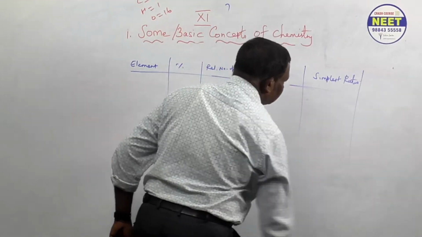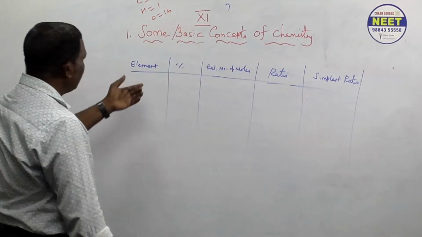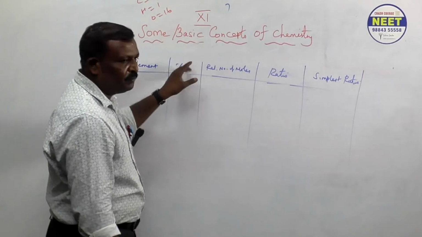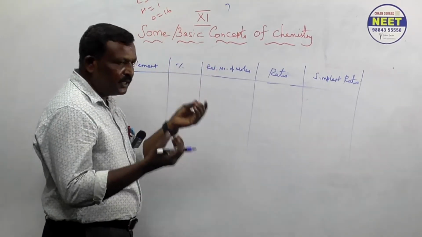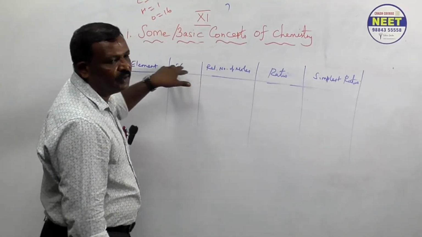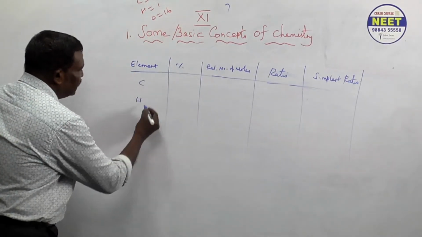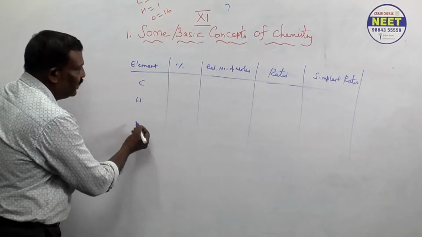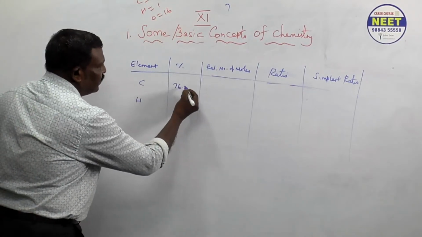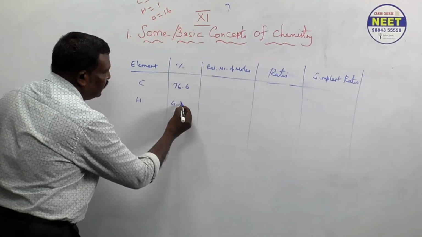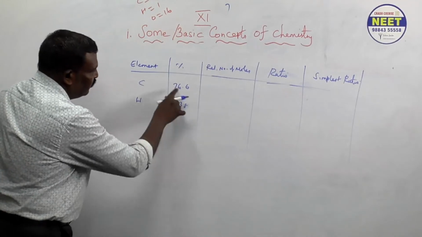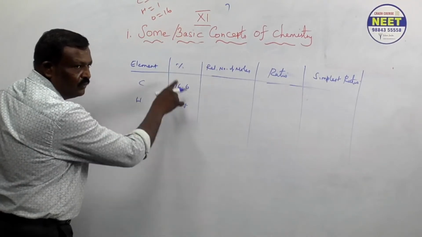It's a simple one, I told you, it is obtained from only the percentage of elements. Empirical formula can be calculated only from percentage of element. Carbon is given, hydrogen is given, rest is oxygen. Carbon percentage is 76.6, hydrogen is 6.38.